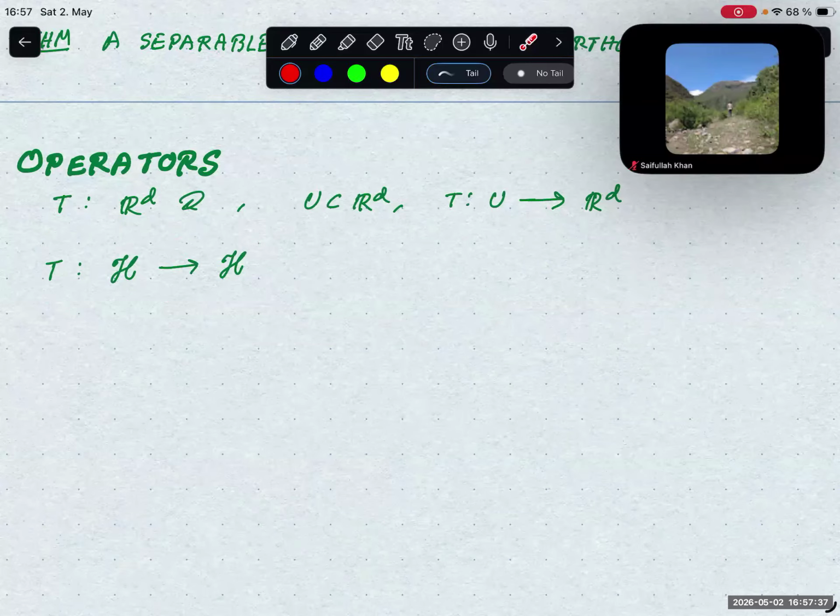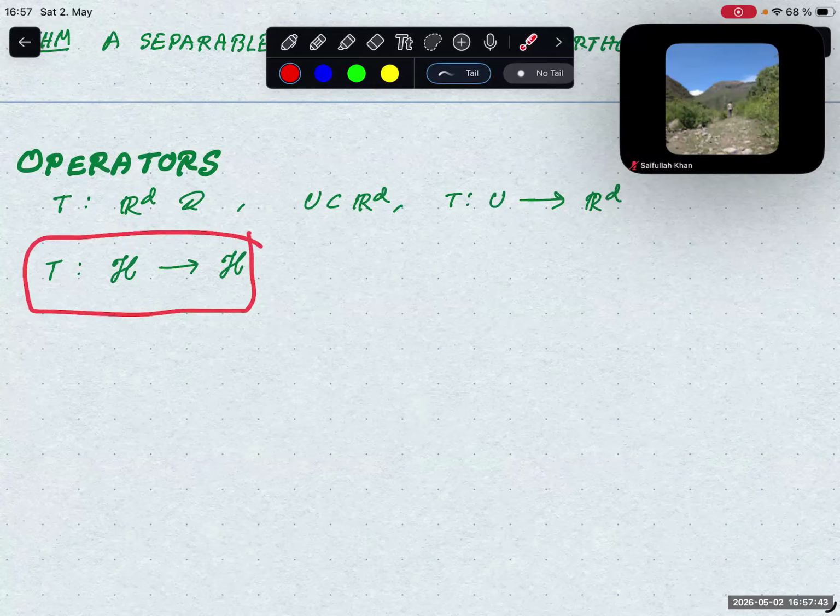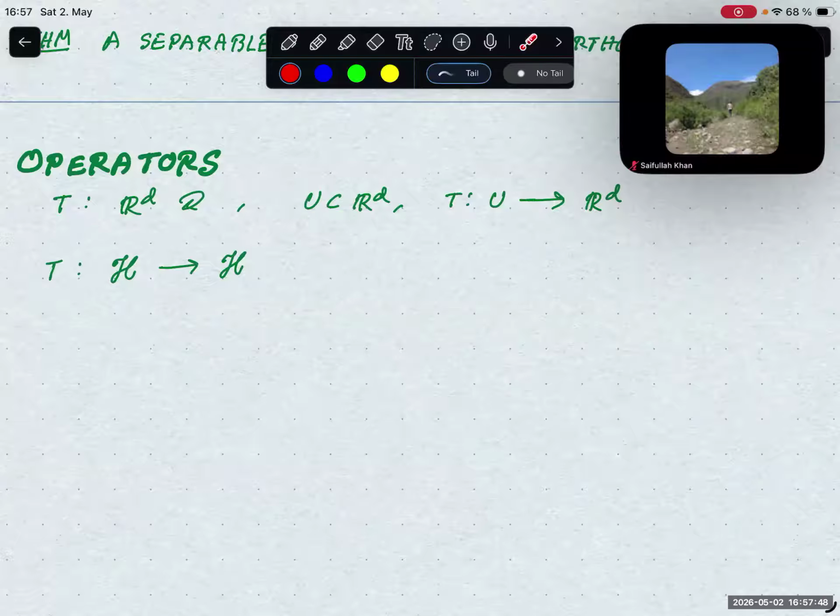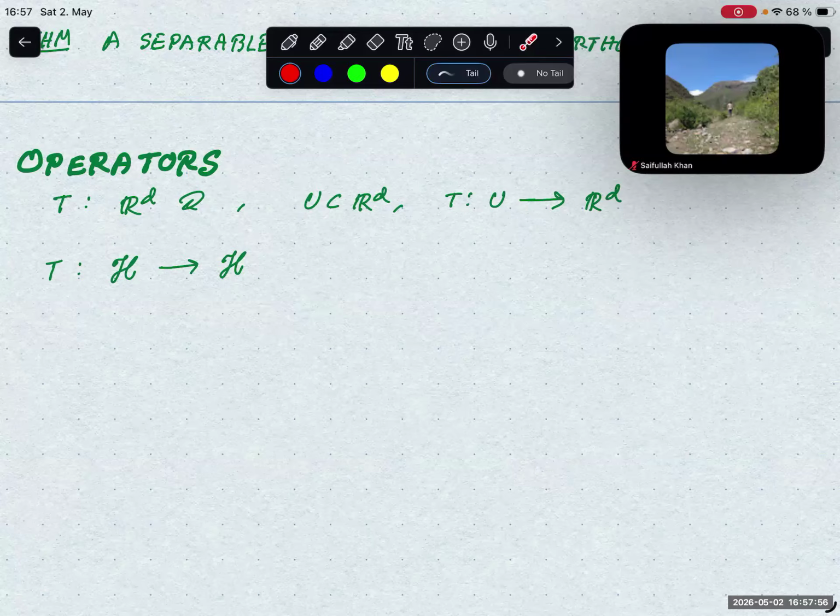These are called unbounded operators. On the other hand, there are some operators for which this is possible, and these are called bounded operators. Since bounded operators are simpler, we will start with bounded operators first, and then go to unbounded operators.